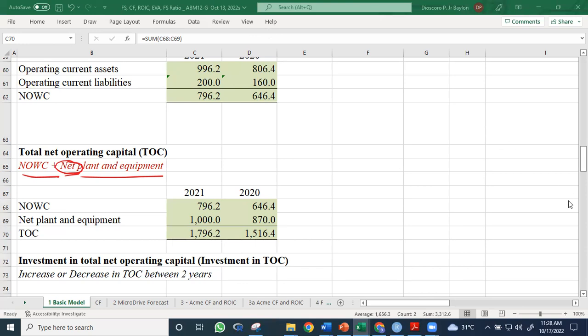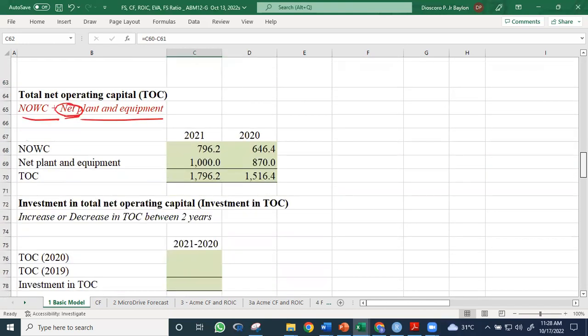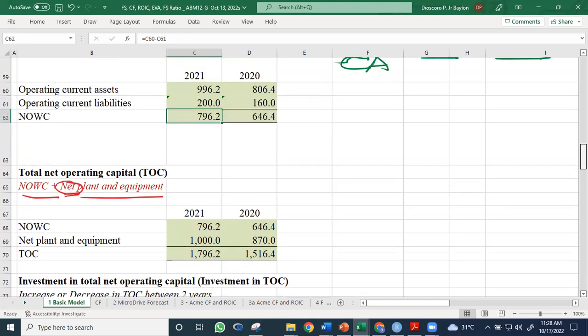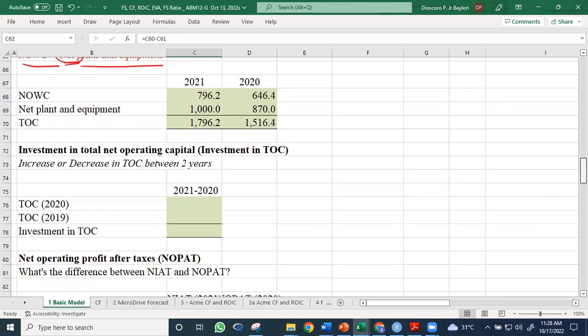I really appreciate that. So the management in 2021 was given operating working capital worth 796,000. And in terms of the total, which includes your non-current assets, it was 1.79 million of total operating capital. Now we ask how much was invested.